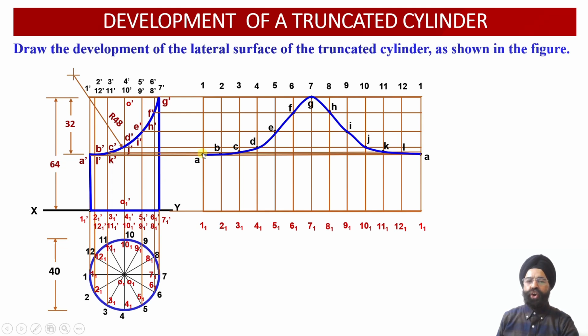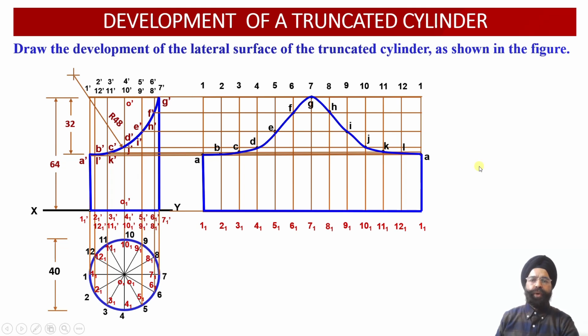So we can join A11 over here. The cutting plane has not at all intersected with any one of the base points of the cylinder, so we can join all of these points of the base as such. So this way, we have been able to obtain the development of the lateral surface of the truncated cylinder, which has been cut by a circular cut section having radius equal to 48 millimeter.